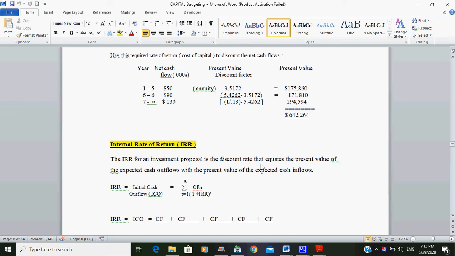So that means if you use the IRR percentage to calculate your present value, you will end up back at 18,000. So the IRR is that percentage you are trying to find, so that instead of having 20,000 something, you end up back with 18,000. That's what IRR is really about.